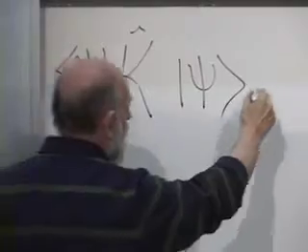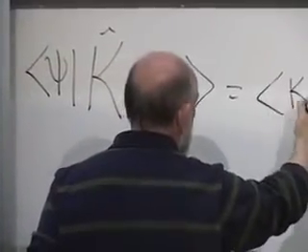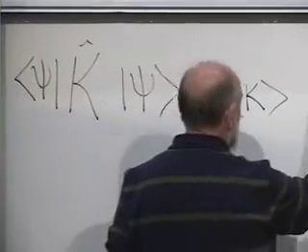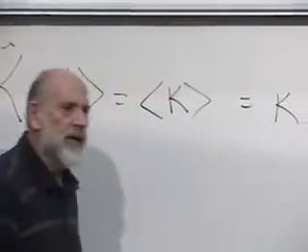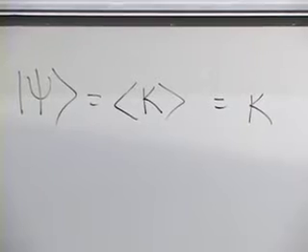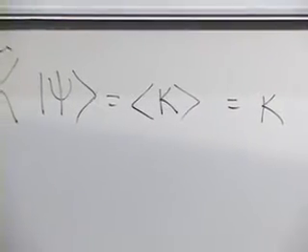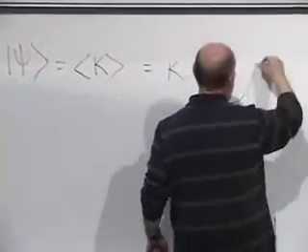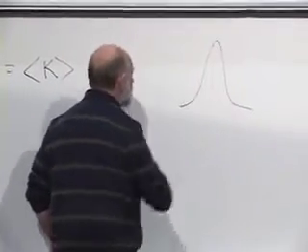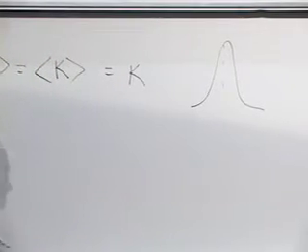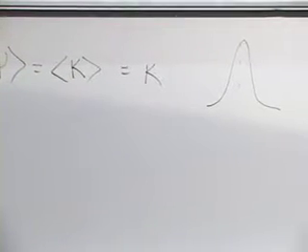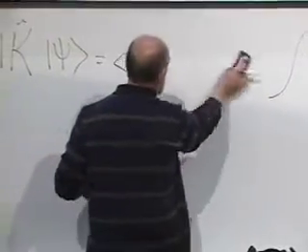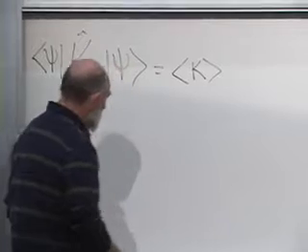We can just call that the average of K. If we want it to be even a little bit looser, we might just call it K, which of course would be wrong because it's just the central value, the average value of K. If the probability distribution is nice and peaked, then most of the times we would measure K somewhere near the expectation value, somewhere near the average value. I won't write this. This is too loose for me. All right, so we'll just call it K.